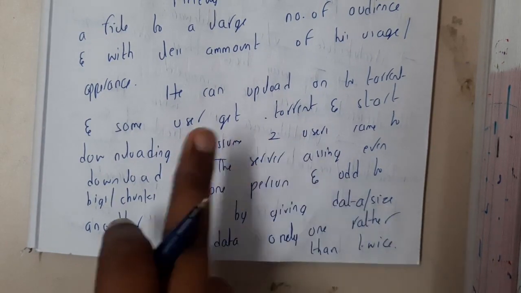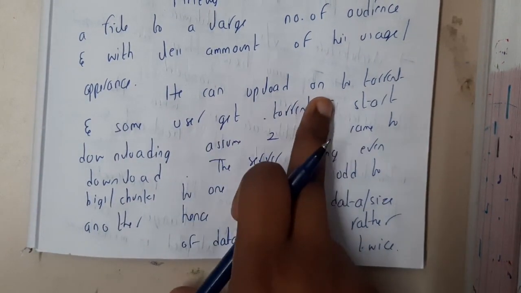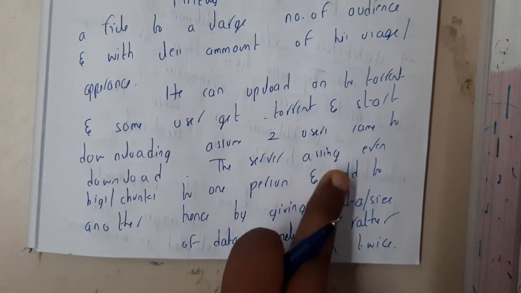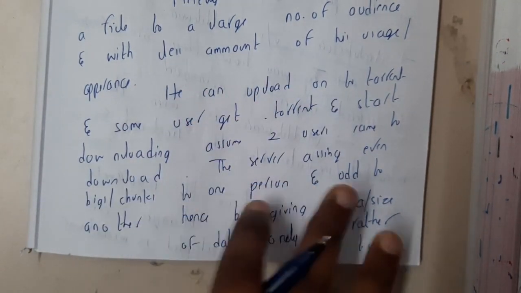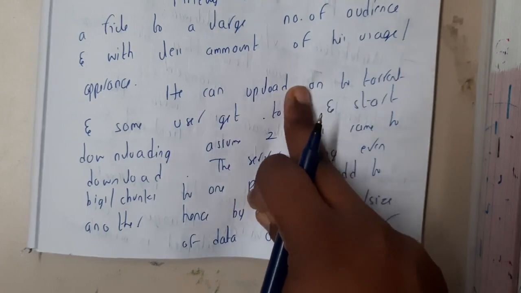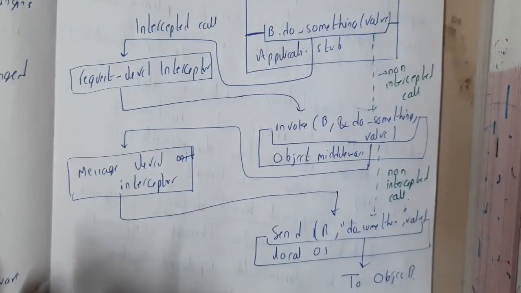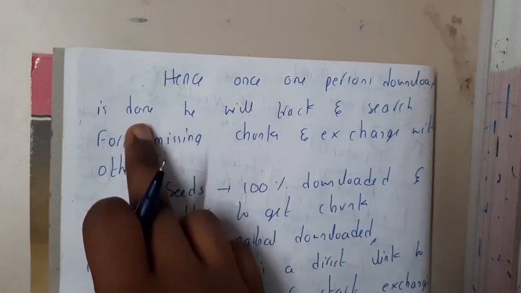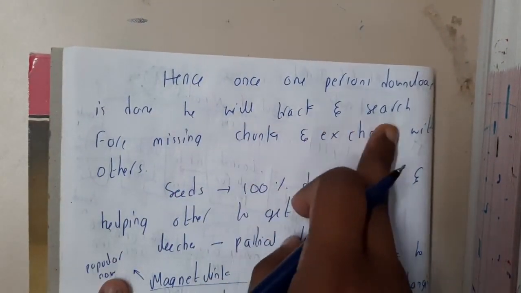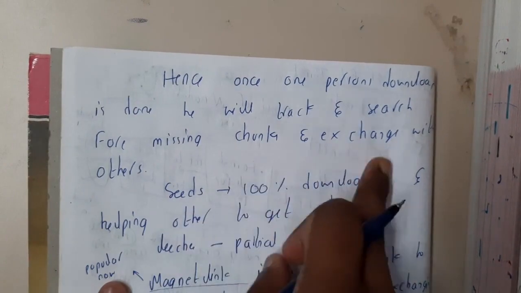So it will be giving the odd chunks to the first guy and even chunks to the second guy. The even chunks will not be given by the server to the first guy, and odd chunks will not be given by the server to the second guy. They will be making duplicates and exchanging among themselves.